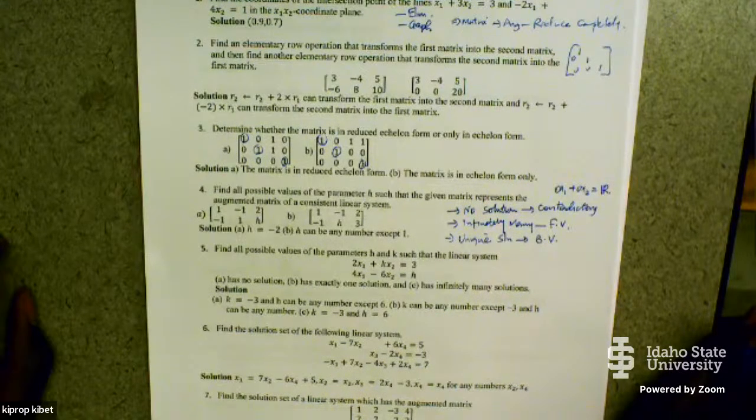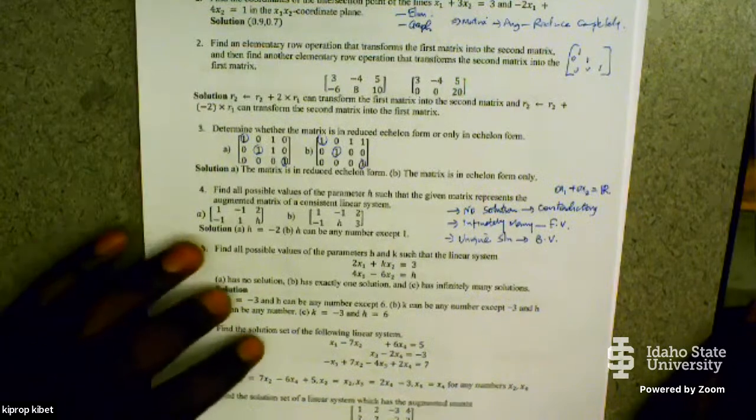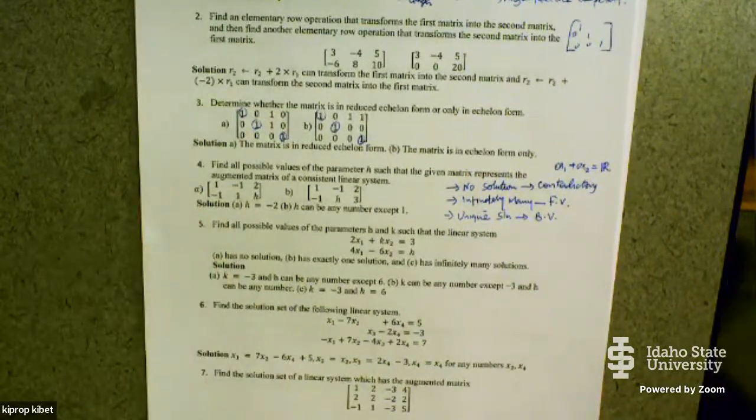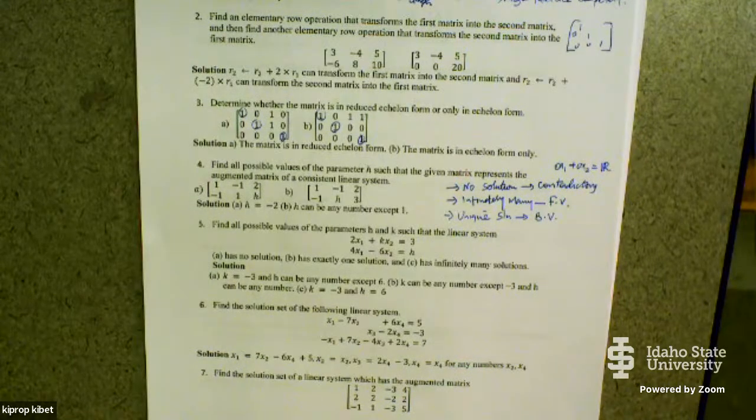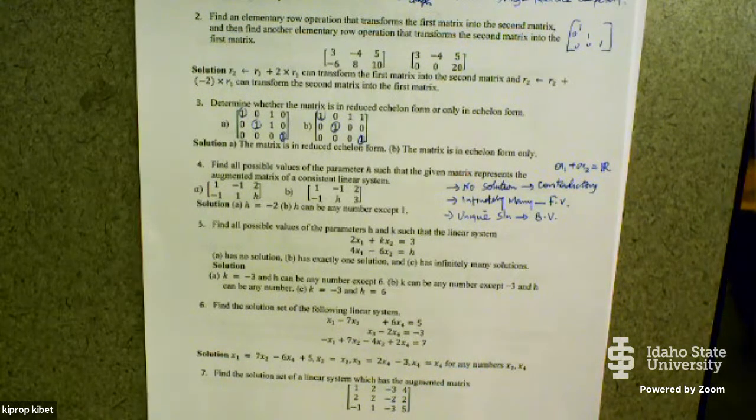Okay, find the solution set of the following linear system. But again, you can reduce it to reduced echelon form. You can just write the solution, for any x for those free variables.